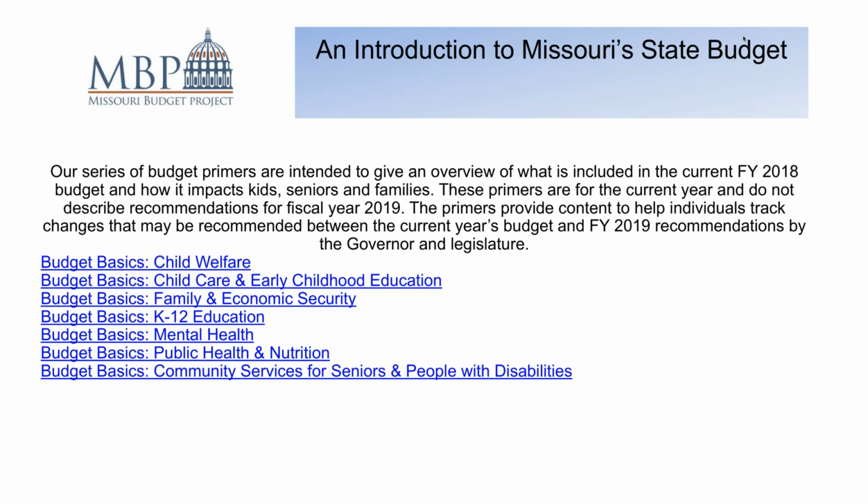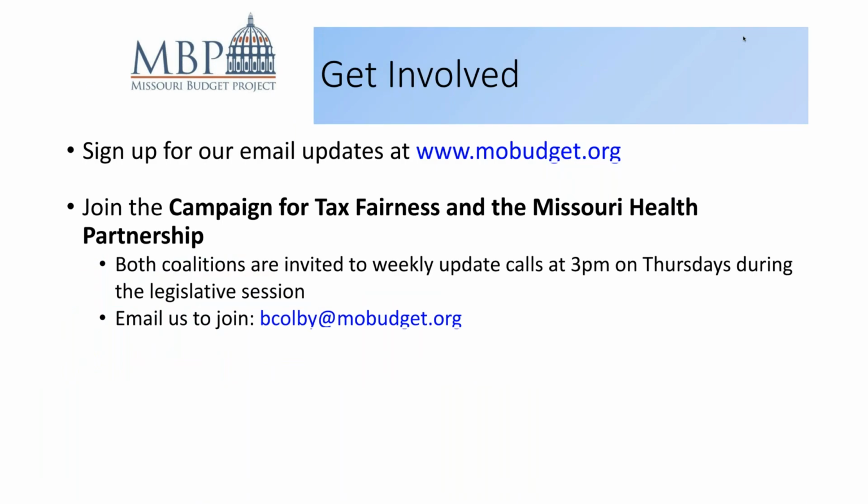It's not necessarily linked to individual budget bills, but really issue areas. So that's a resource that the Budget Project makes available. We update them every year. We're in the process of updating them again for the current year, but historically it's a way to get good information and figure out where things are funded inside the budget. So that's one of the things that the Budget Project puts out for folks, advocates to use as they go through their process.